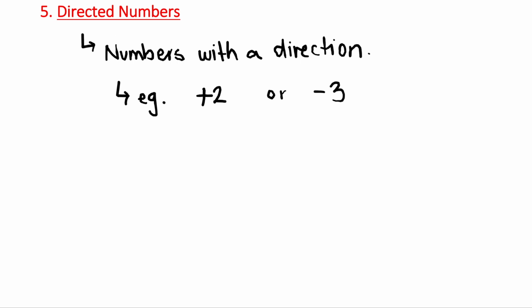Depending on the context, positive can mean, for example, to the right, which is usually the convention because of the number line, or up. And the negative sign usually means that it's moving to the left or down.